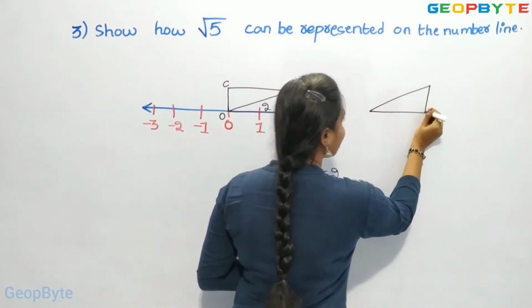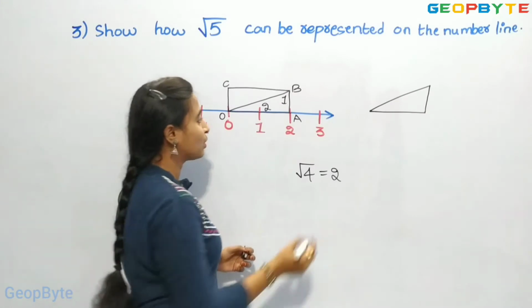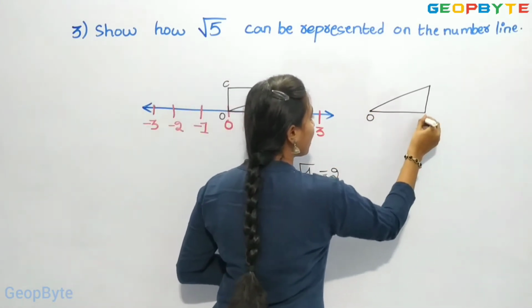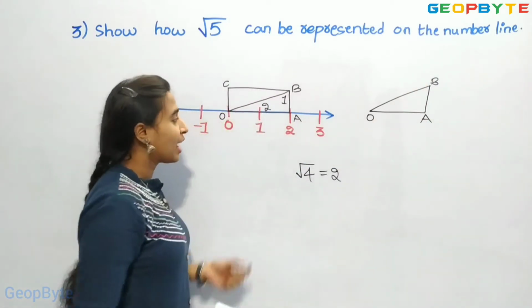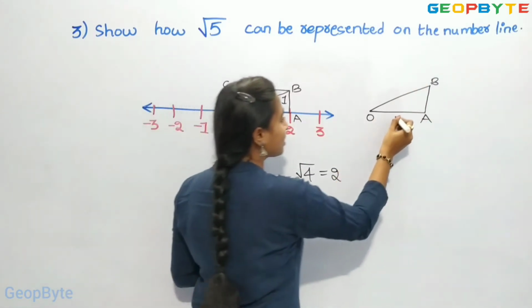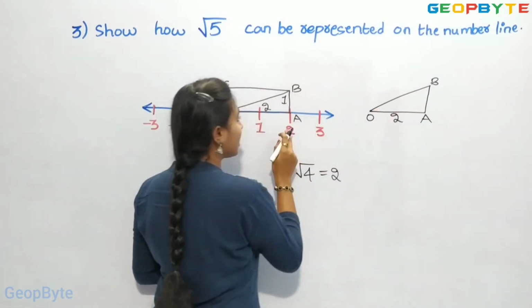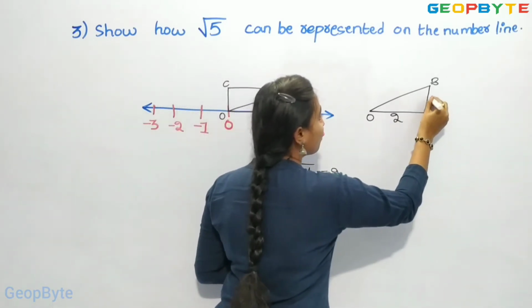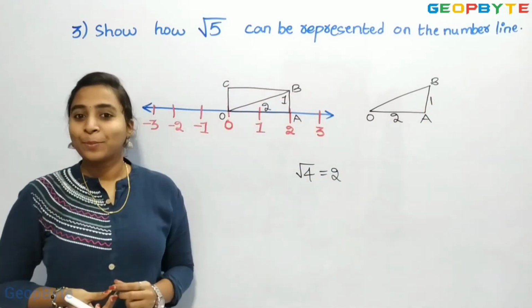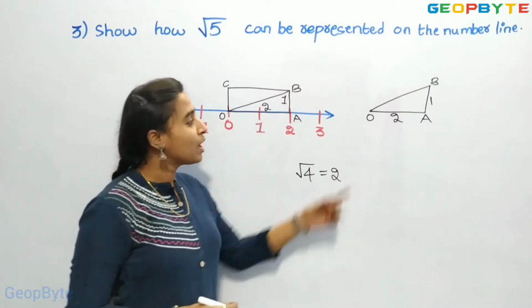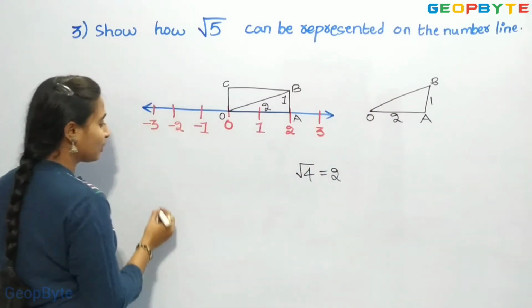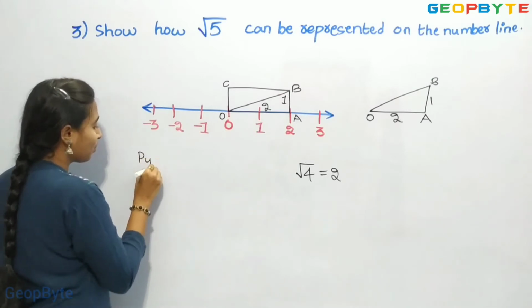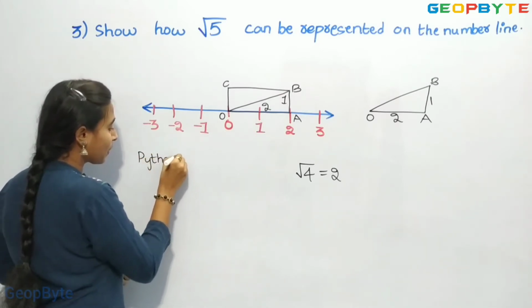Now, see, we can find a rectangle of this type. So, O, A, B. Now, OA is 2, AB is 1. So, by using Pythagoras theorem, we can find the hypotenuse. Let us use the Pythagoras theorem formula.